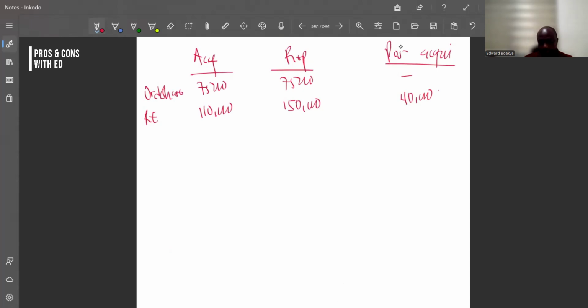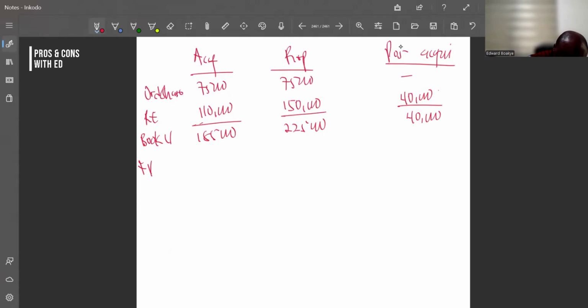Okay. Now here, the book value will be 40,000, and then here 185,000, and then here 225,000.